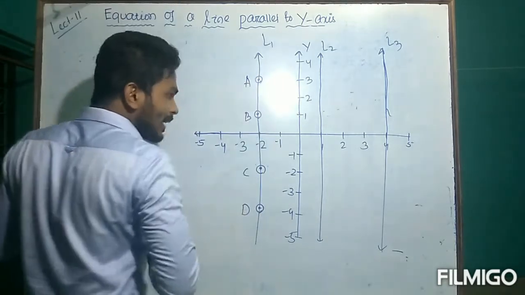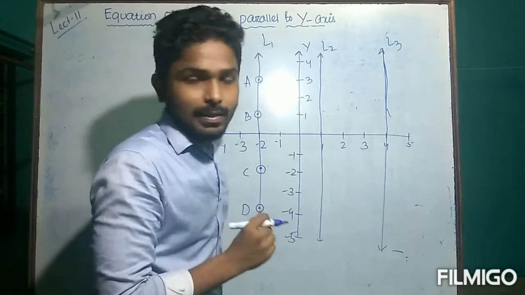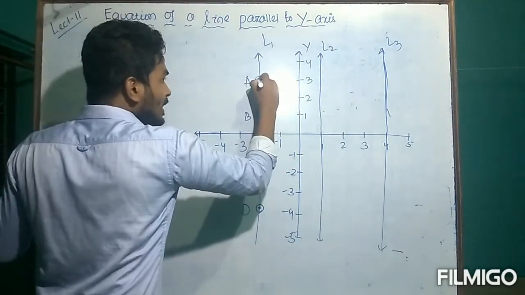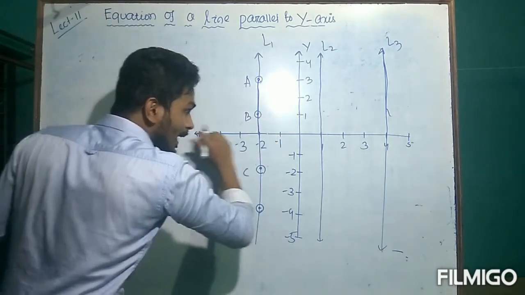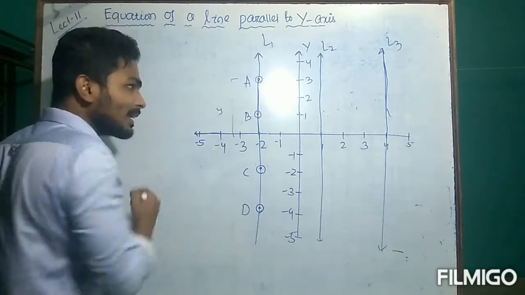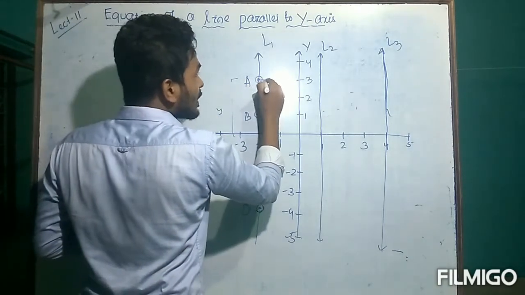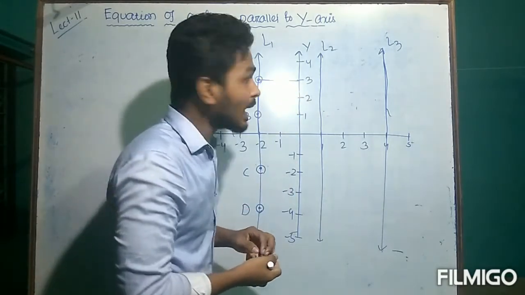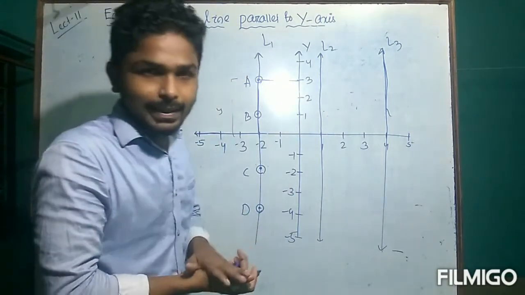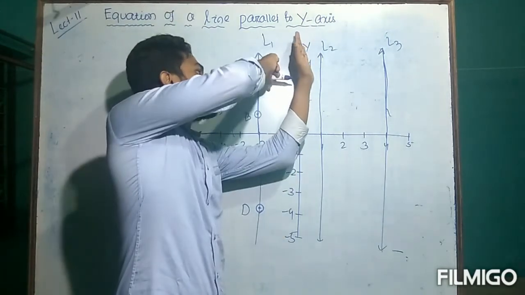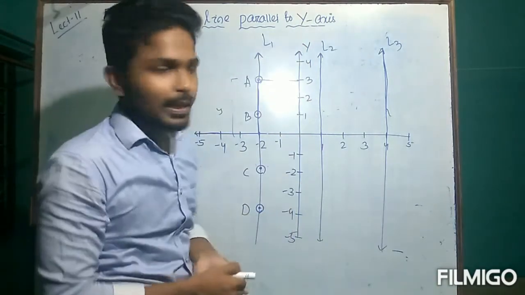In order to find the coordinates, you have to draw the perpendicular distance to the x-axis and to the y-axis. The perpendicular distance to the x-axis is the y coordinate, and the perpendicular distance to the y-axis is the x coordinate.